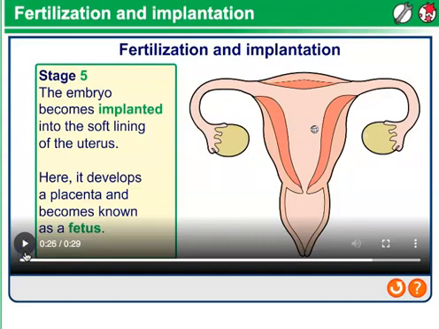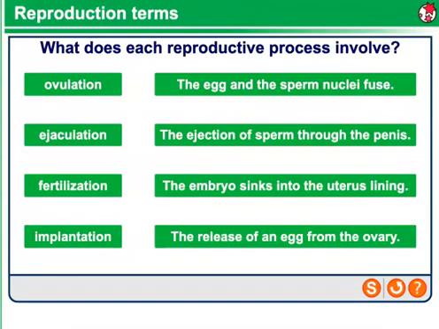In stage 5, the embryo becomes implanted into the soft lining of the uterus. Here, it develops a placenta and becomes known as a fetus. So what does each reproductive process involve?